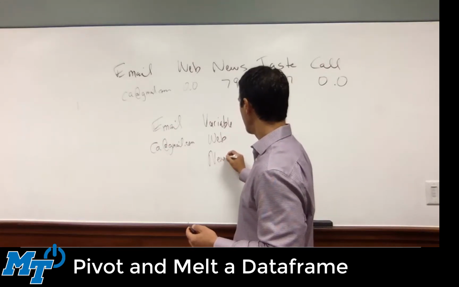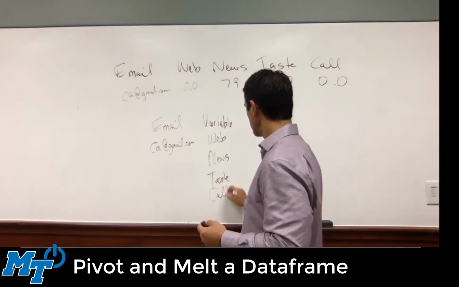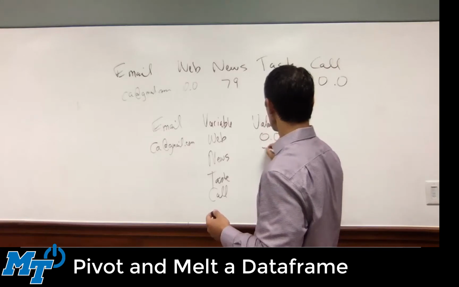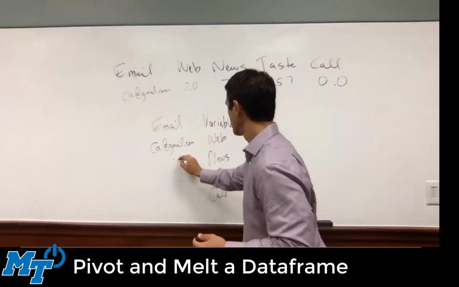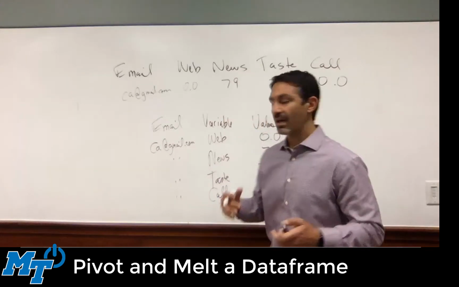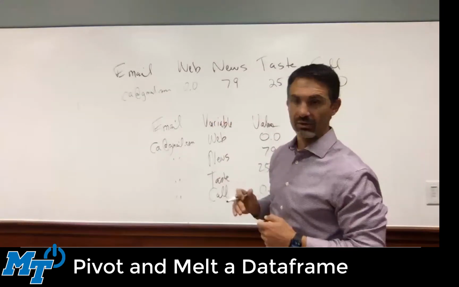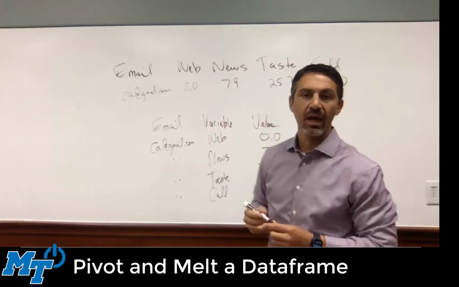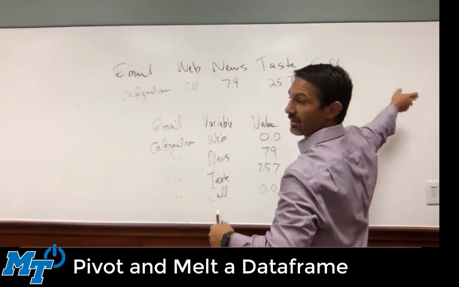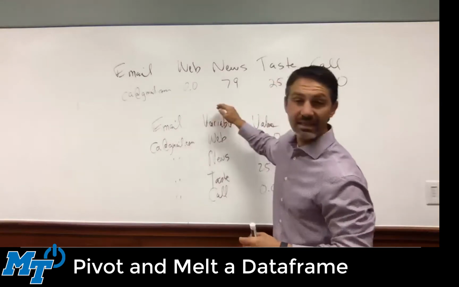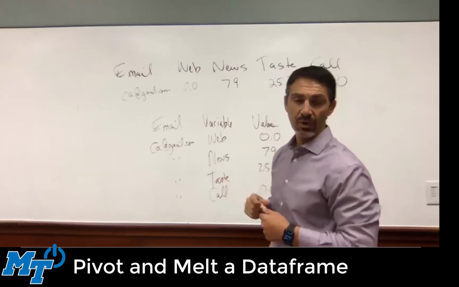I'm just going to keep going here. What we then have is it's taking that one row and making 4 rows out of it, in these 3 columns. If we had 10 different columns here, it would put it into, again, these 3 columns, and you would just have 10 rows here.